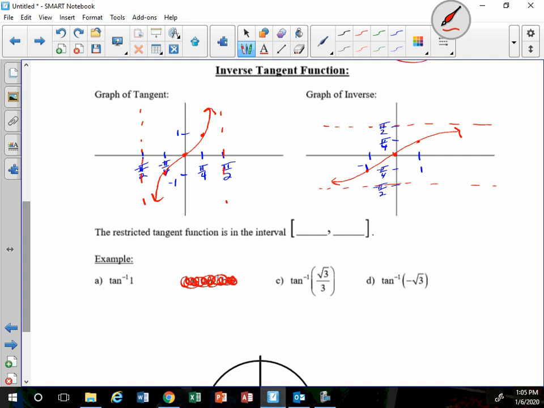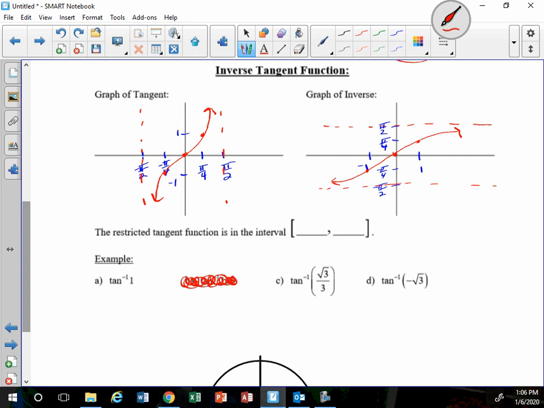There's the shape of your graph. So guys, what do you think the window is going to be for this one?